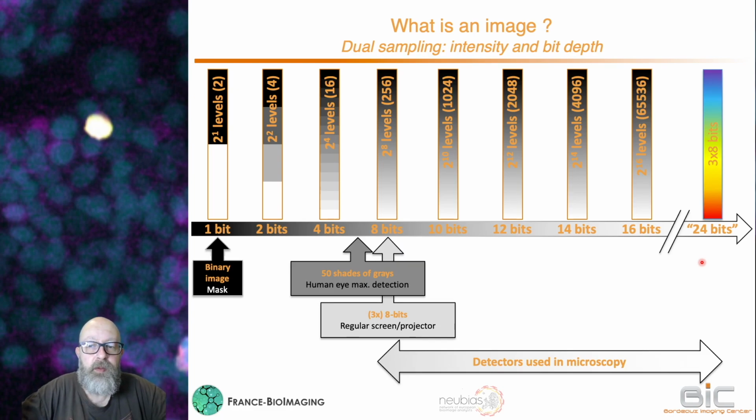So in fact, when talking about color image, some people will talk about 24 bits images because it's 3 times 8 bits. You've got 8 bits for red, so you've got a black and white image and then you apply some kind of overlay of color, one red shade associated to one intensity over the 256 intensities for the red channel. Same goes for the green channel and for the blue channel.